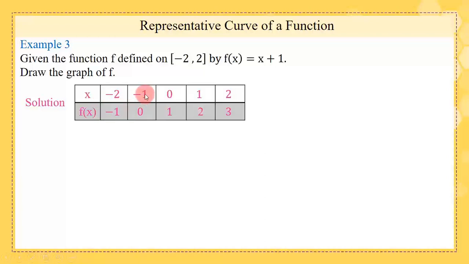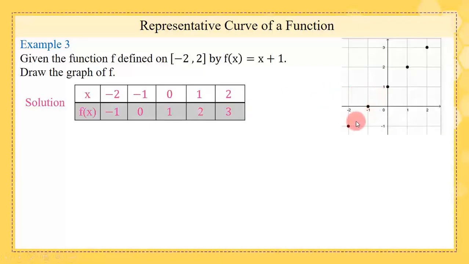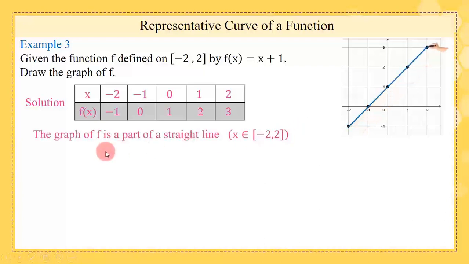For x equal minus 1, f of minus 1 equals 0, and so on. Now, we locate these points on the orthonormal system like this. After we locate the points, we start joining the points in increasing order. Please note that the points are collinear, so the curve here is a part of a straight line. So the graph of f is a part of a straight line.